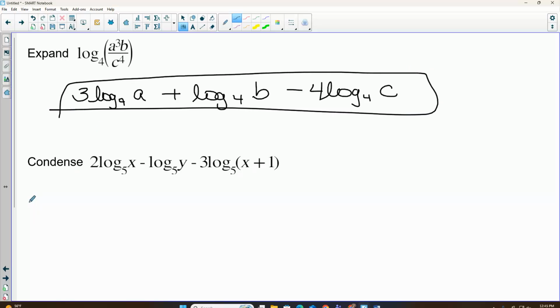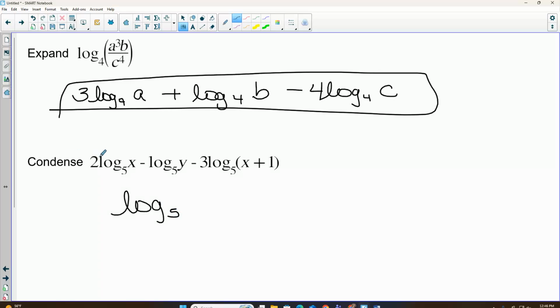So things multiplied, you add the individual logs. Things divided, you subtract the logs. Exponents turn into coefficients. All right. If I ask you to condense, that means I'm trying to write this as a single log.